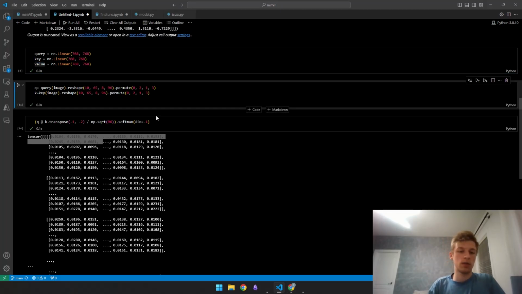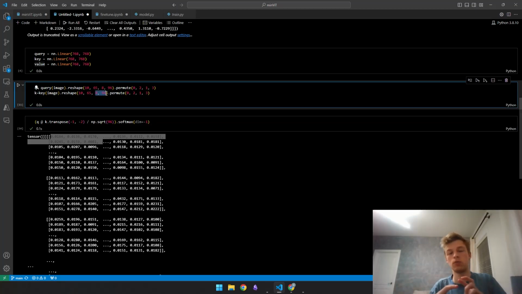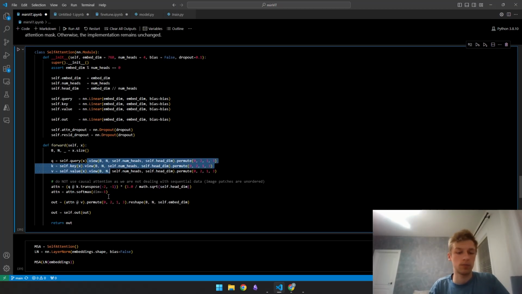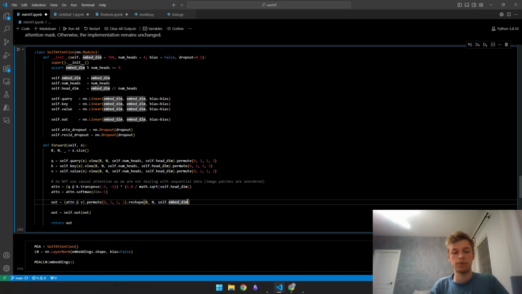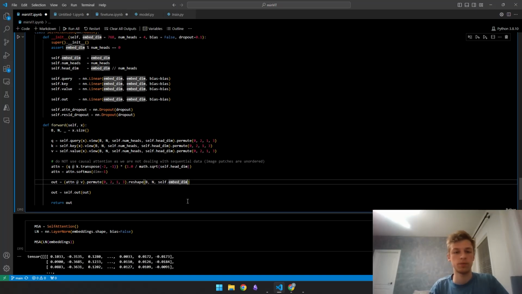And then we would have to reshape to get these last two dimensions back into the 768 that we had originally, and we would be done. So that's what this does. We have the softmax, we then matrix multiply by the values, permute, and then reshape. So that's the self-attention module.